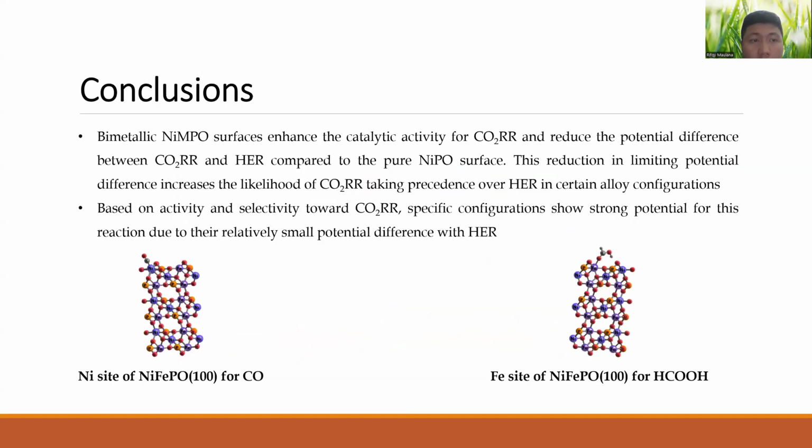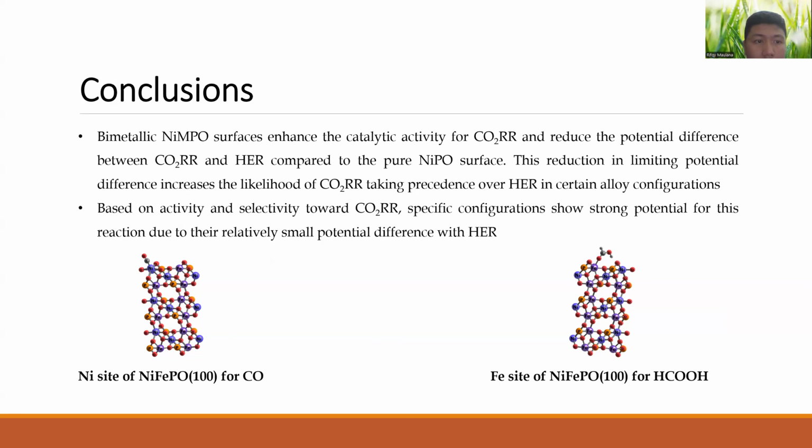Conclusions: the bimetallic nickel metal phosphate surfaces enhance the catalytic activity for the CO2RR and reduce the potential difference between CO2RR and HER compared to the pure nickel phosphate surface. This reduction in limiting potential difference increases the likelihood of CO2RR taking precedence over HER in certain alloy configurations.